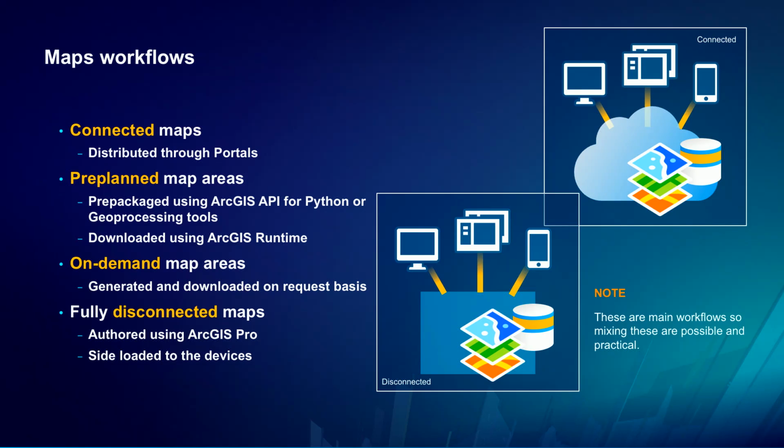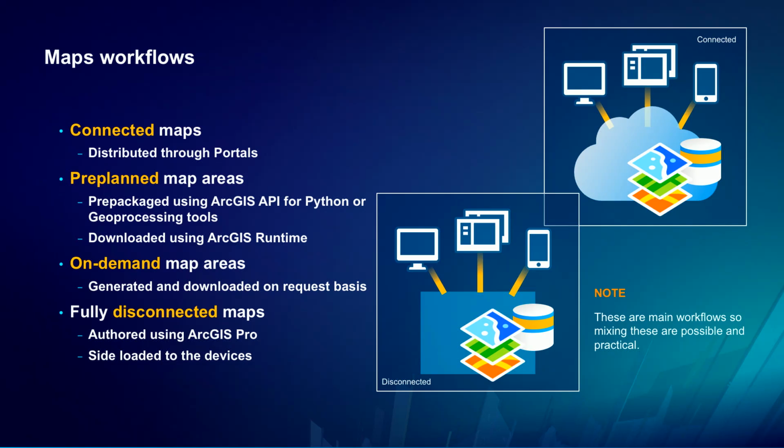So with the services-based patterns, on-demand and pre-planned, this is where your data has been served up in either ArcGIS Enterprise or ArcGIS Online, and then you go and you clip out a piece of that data, have it move down to your device where it can be worked with, and then you have the options to be able to either synchronize changes back up to the server and download changes that have happened from back-end things or from other users that have been out in the field. In the fully disconnected state, this is more of a read-only workflow.